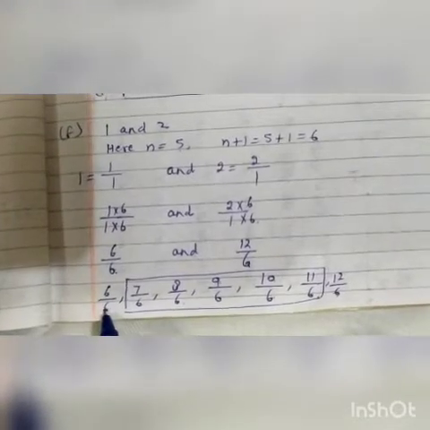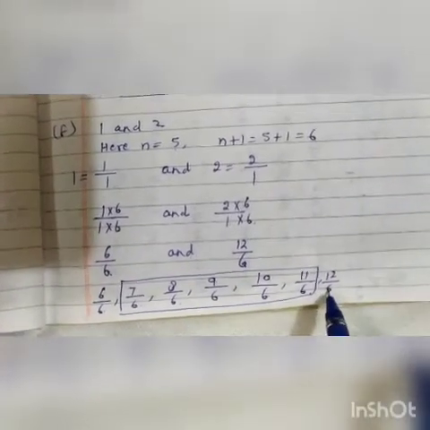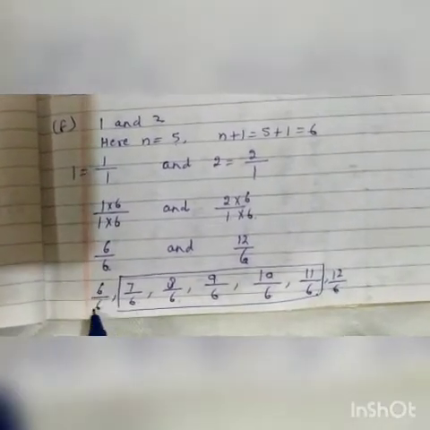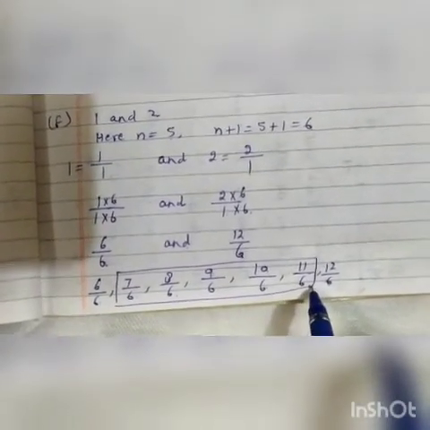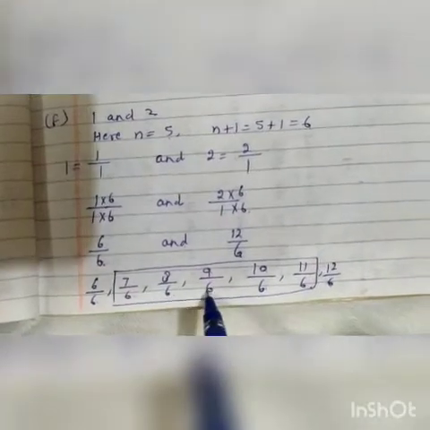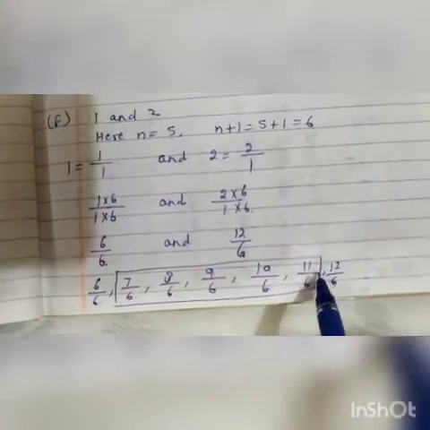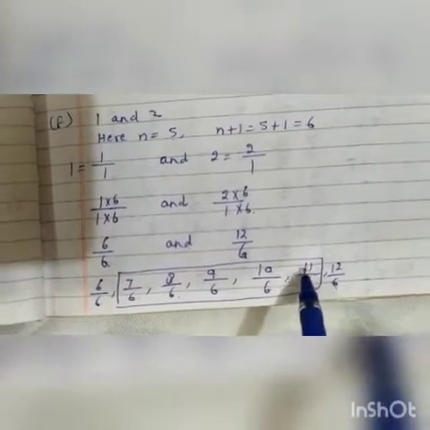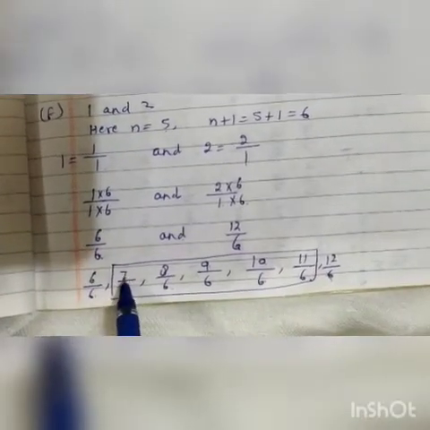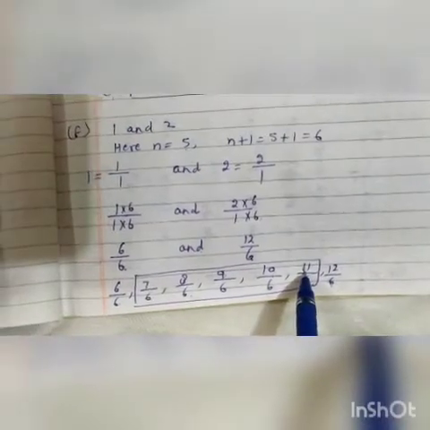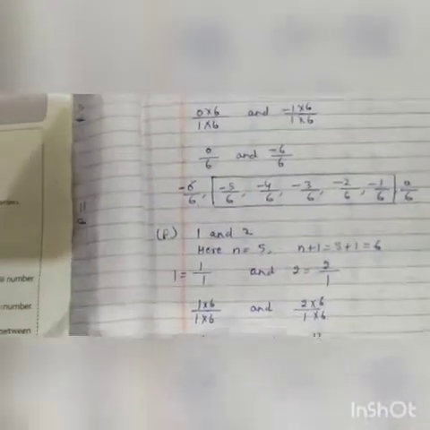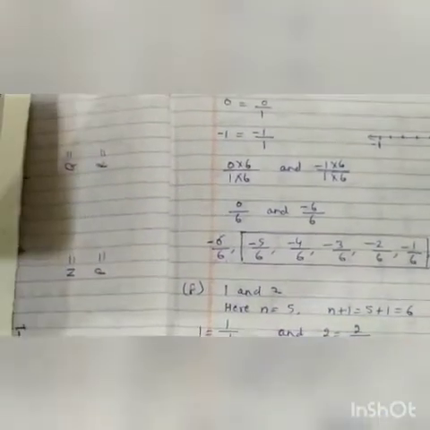You will write the denominator the same, then in the numerator you can write counting. It is 6, then 7, 8, 9, 10, 11. So we completed question number 3.